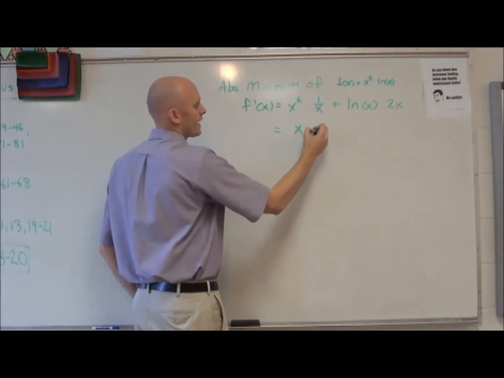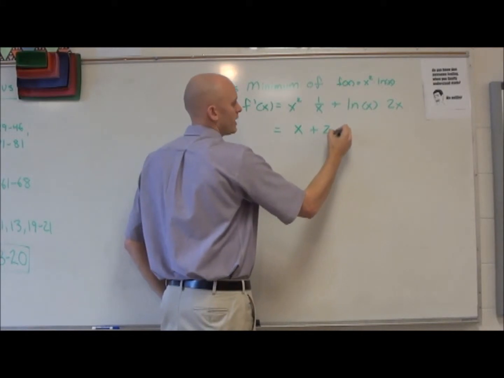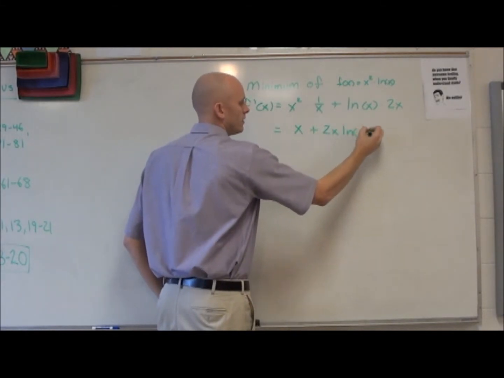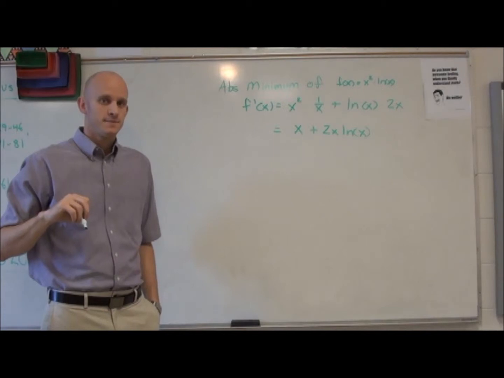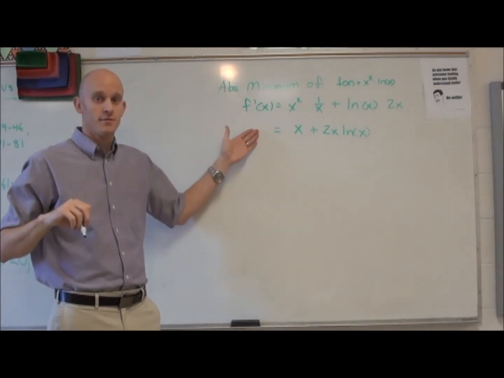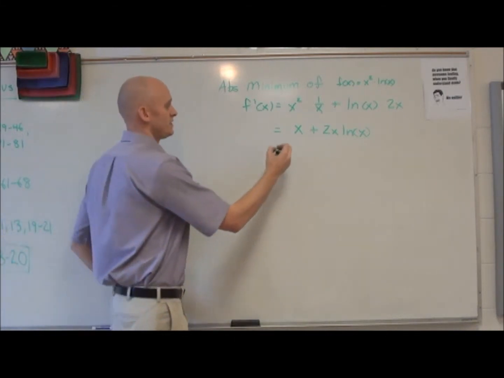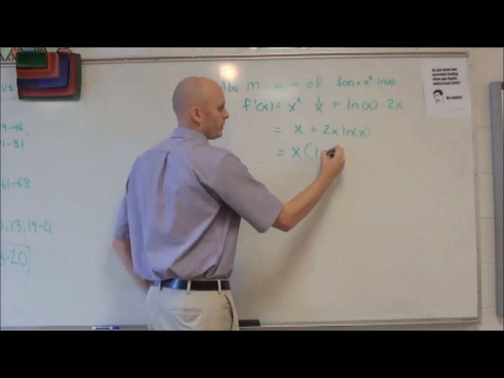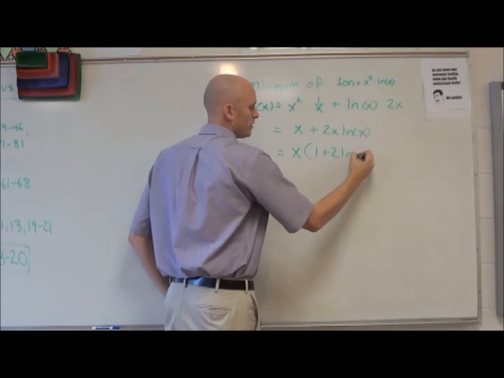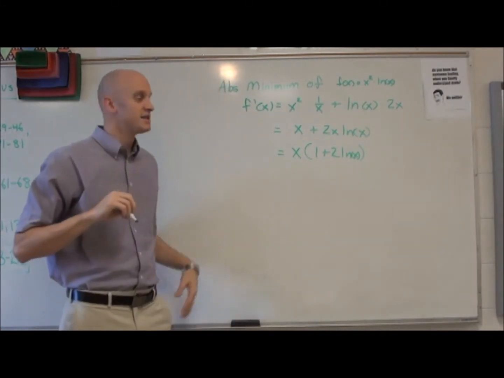That will simplify to be x plus 2x natural log of x. This is our derivative. Now, we can factor an x out to make this just a little bit easier. 1 plus 2 natural log of x. This is our derivative.